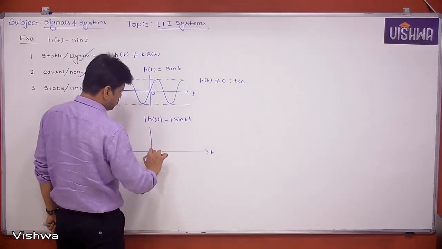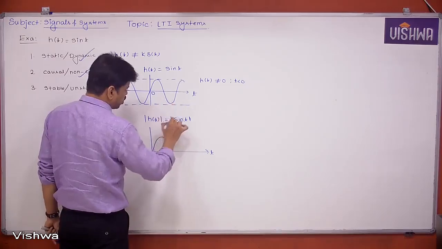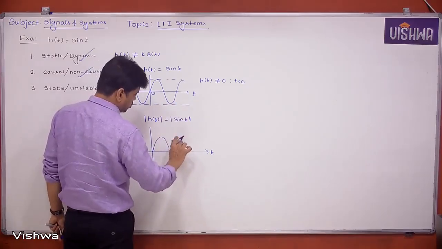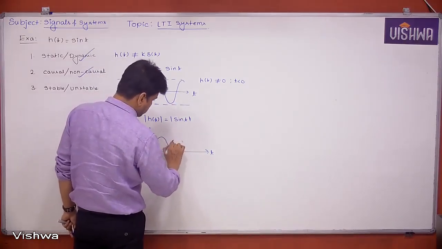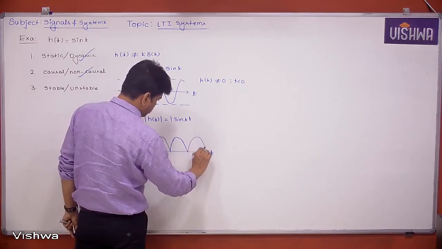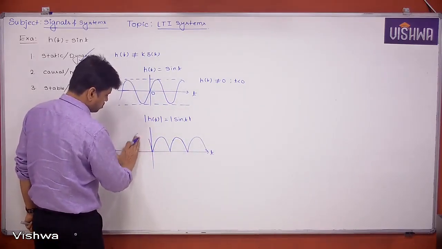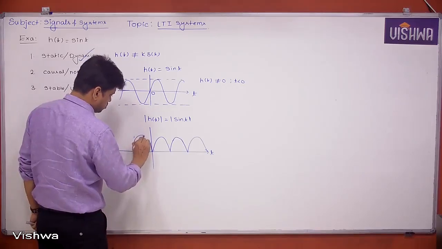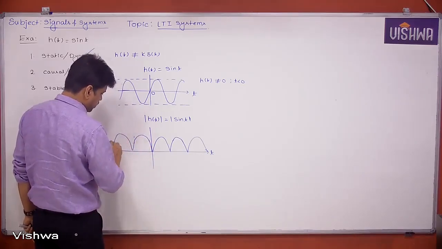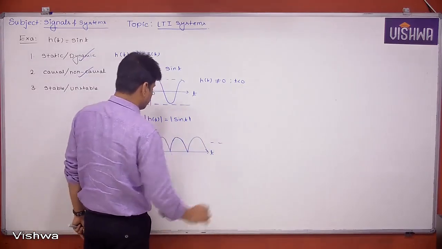So positive is positive only, and this negative portion will become positive again, like that. It will go on again up to infinity.